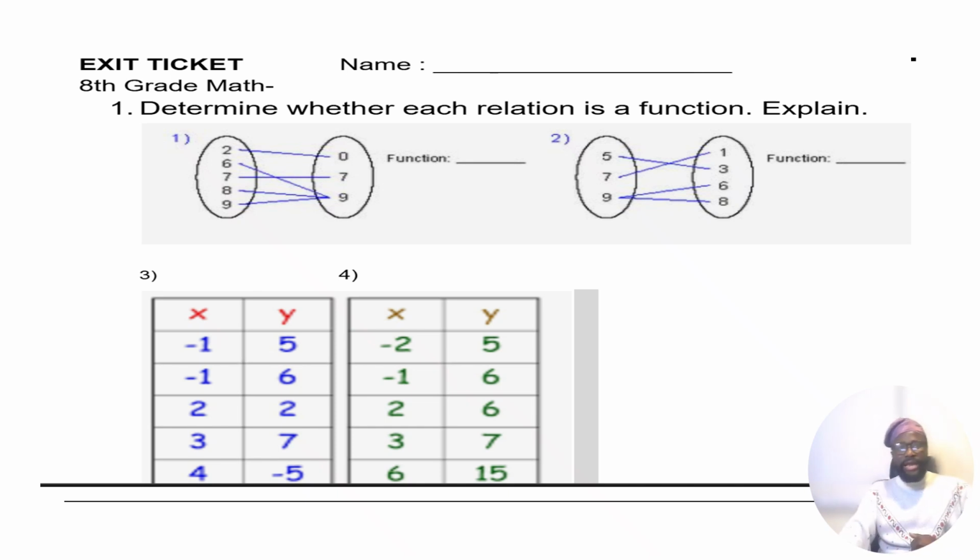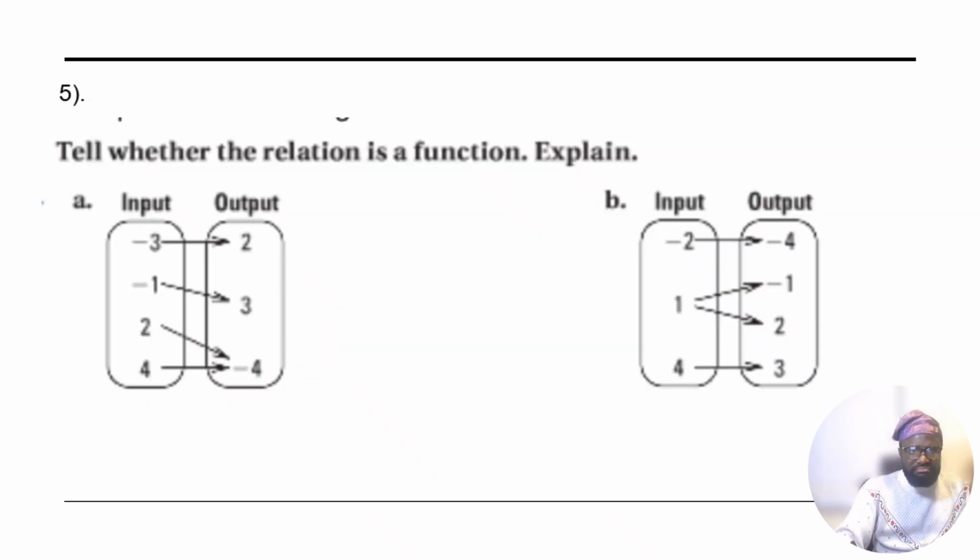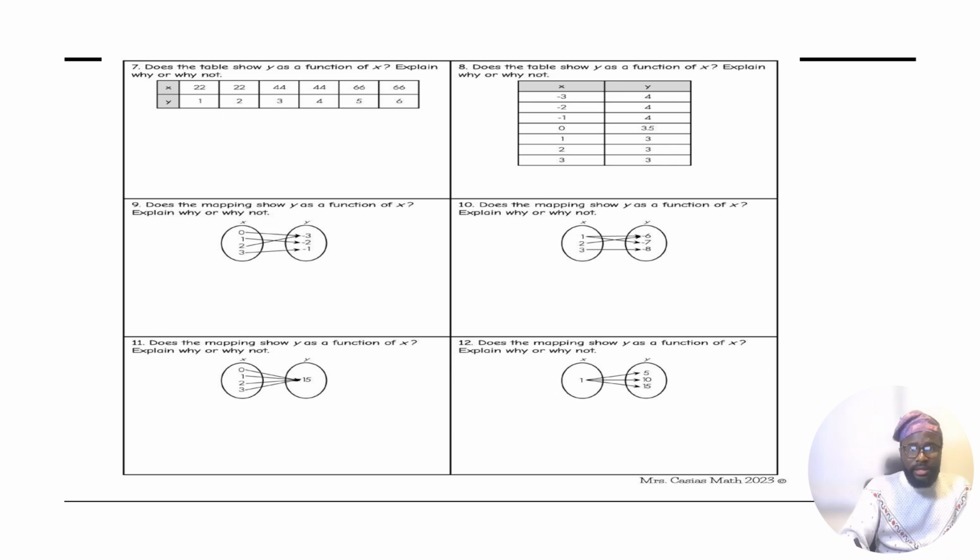So I have an exit ticket here that you should do. I'm going to give you a few minutes to get this done. And then after the exit ticket, I have just this question, which I believe you should be able to do. Then this is a summary of everything I've said so far.